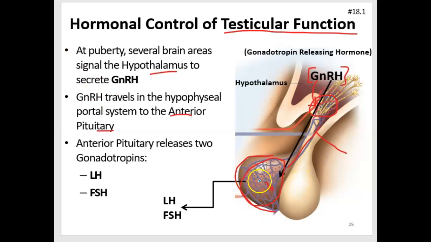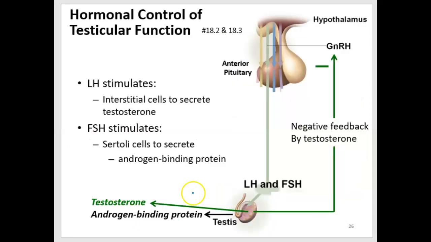Now the anterior pituitary responds to gonadotropin releasing hormone by making gonadotropins. And the two gonadotropins that the anterior pituitary makes are luteinizing hormone and follicle stimulating hormone. And those are going to affect the testis, or testes, both of them, not just one. So, as LH and FSH travel through the blood, they have different effects on the testicle.